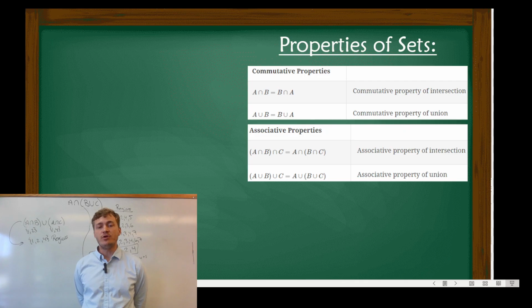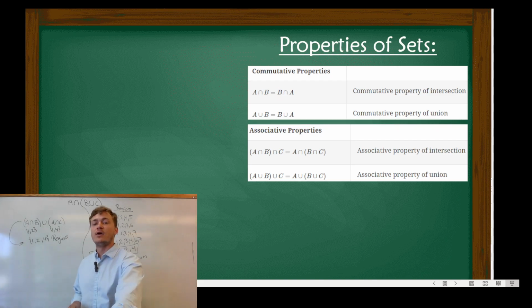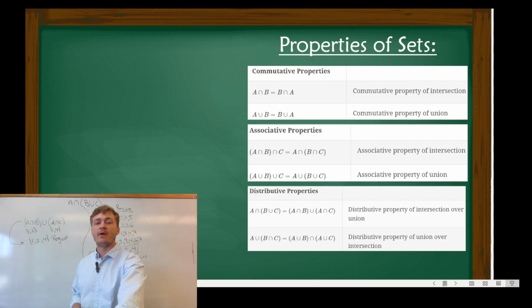Likewise, if you have only unions, then you can move around the parentheses. At the end of the day, you're either going to determine what's the same for A and B and then C, or what's the same for B and C and then A. Likewise, you can determine all of the elements for A or B as well as C, or all of the elements for B or C and then A. The way that you collect them or intersect them will give you the same outcome.